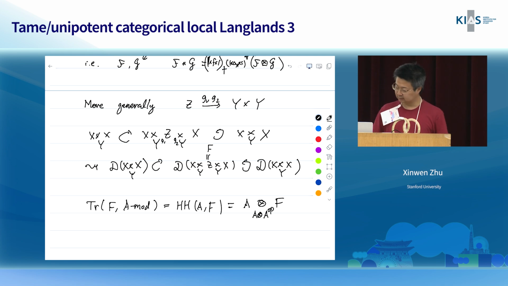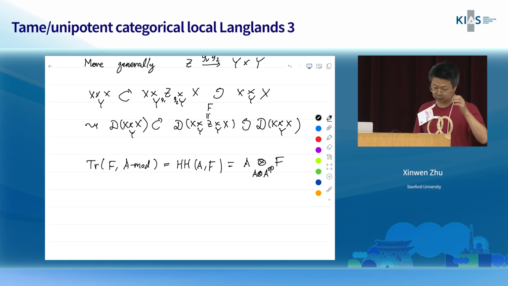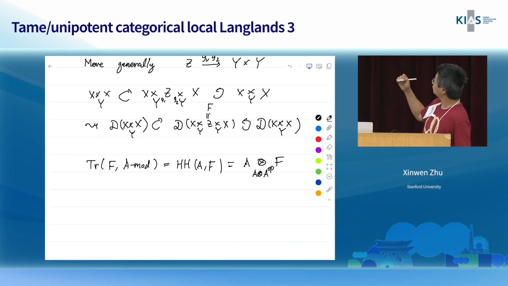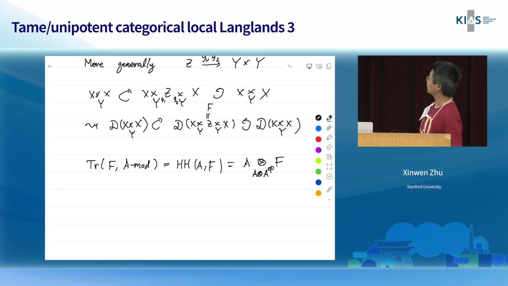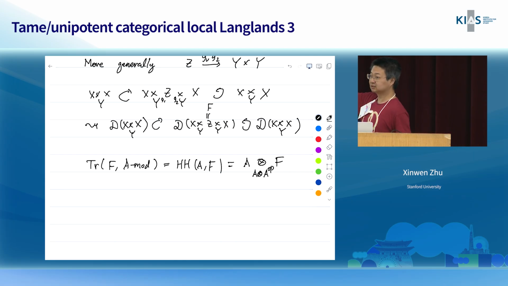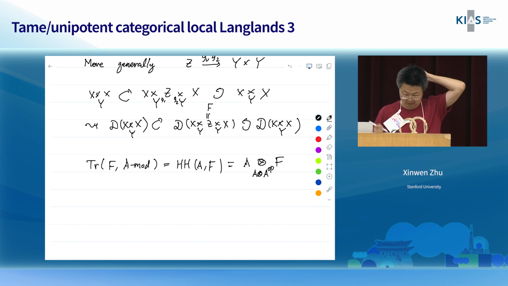And now the goal is to explain how to understand this geometrically. There's some abstract definition, defined as this relative tensor product in the sense of Lurie, in the symmetric monoidal category of presentable categories.